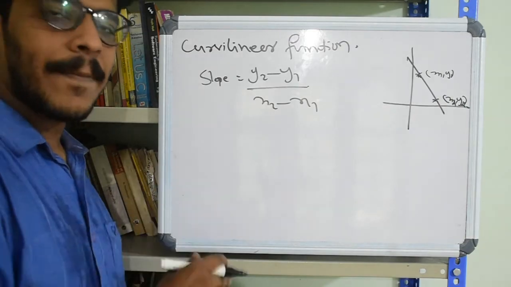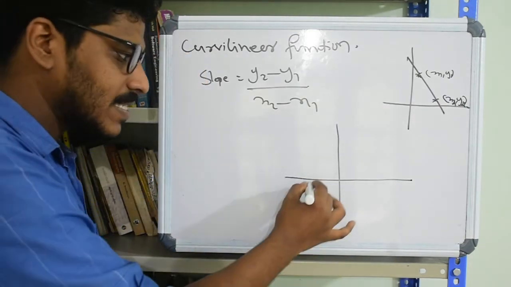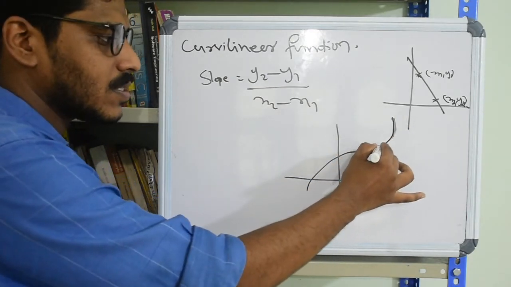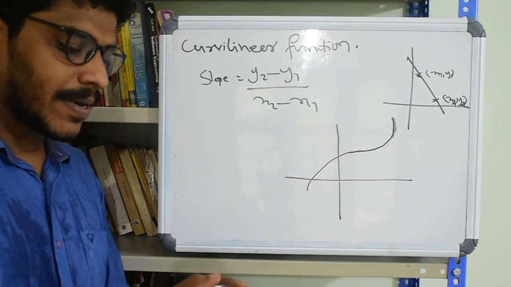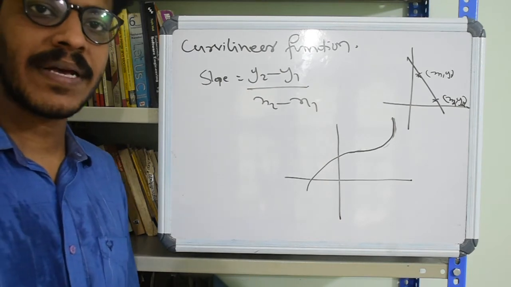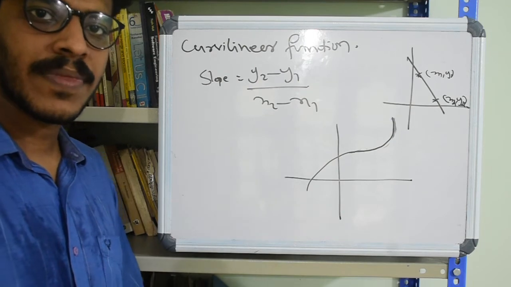So what happens if we don't have a linear function but instead we have a curve like this? The graph of a function need not be a straight line always. It can be a curve if it is a non-linear function. We have seen that the graph of a quadratic function appears to be a parabola.